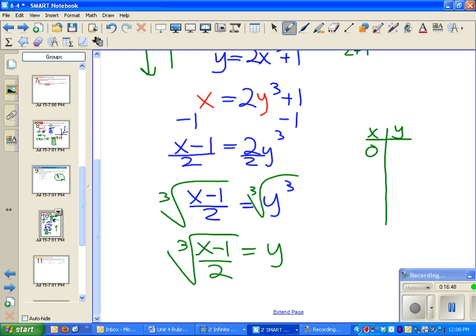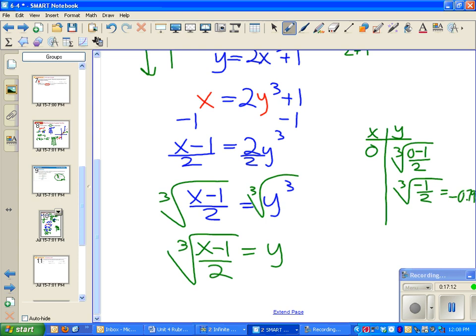If I plug in 0, I'm going to get the cube root of 0 minus 1 over 2. So 0 minus 1 is negative 1 over 2. So we can put that in our calculator. It's basically negative 0.5, and you take the cube root of that, and so that's going to be negative 0.79.